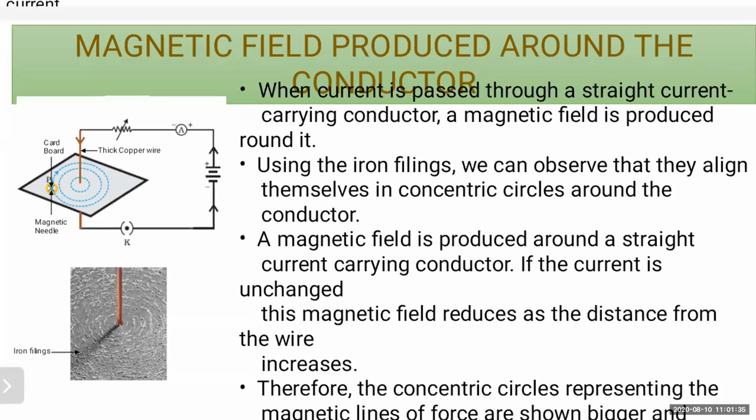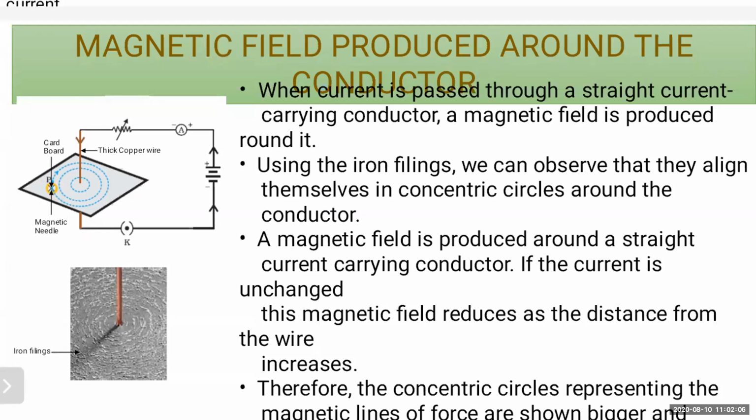What changes are caused by increasing or decreasing current? We know that already. What do you see when the magnetic needle is kept a little away from the wire? Now instead of the magnetic needle, spread iron filings. So here in the experiment, take iron filings on the cardboard and observe.